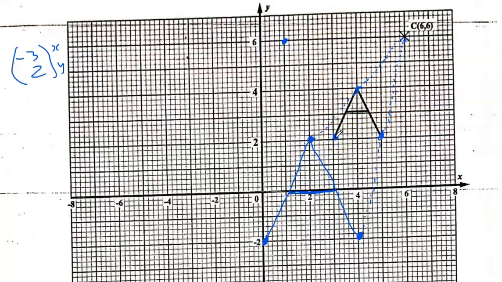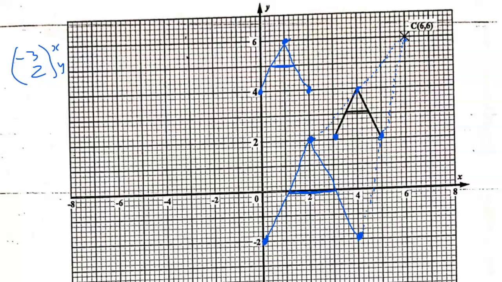This point, 1, 2, 3 places to the left and 2 places up. And this point, 1, 2, 3 places to the left and 2 places up. So this is the translation. Notice when an object is translated, the size does not change and the shape does not change. So that's the translation.